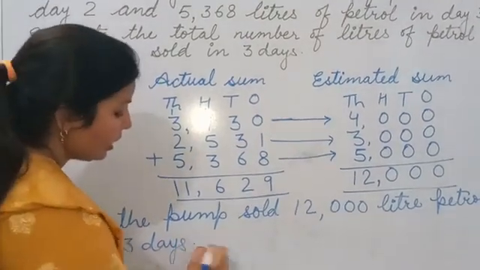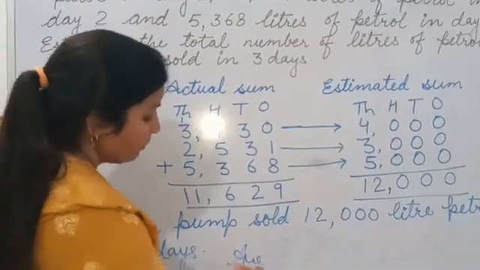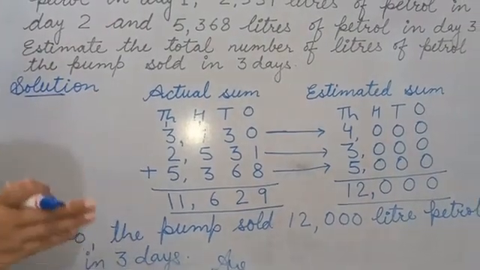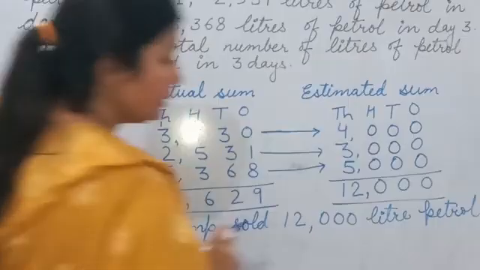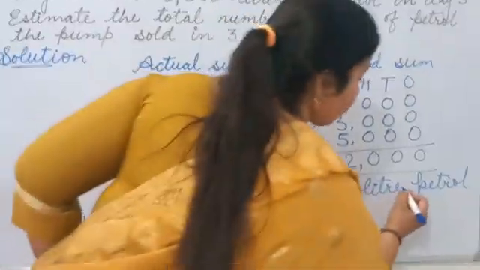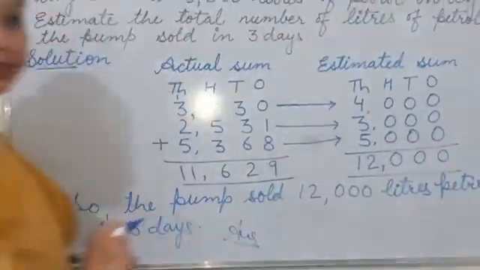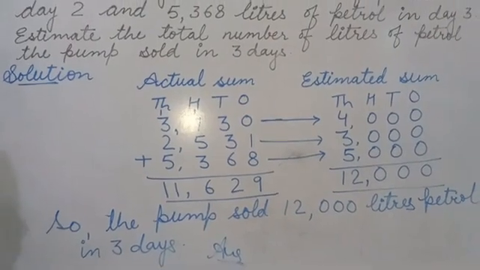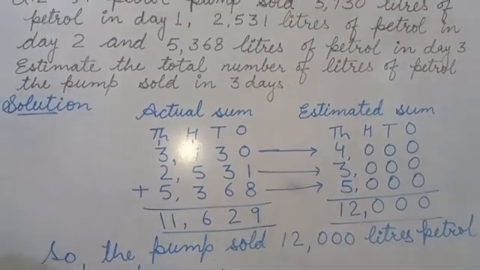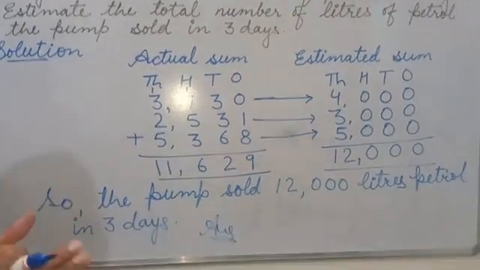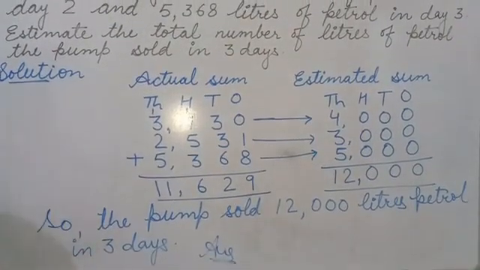That's your answer. Okay. Because it is asking how many liters of petrol were sold in 3 days. So the pump sold 12,000 liters of petrol in 3 days. That's your answer. And your exercise is complete. So today you will complete this exercise. Thank you.